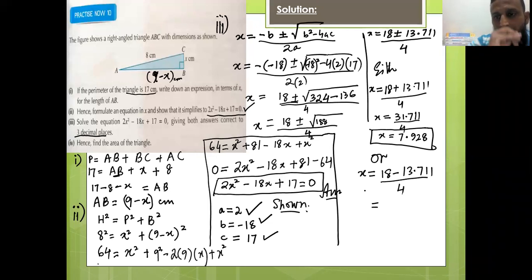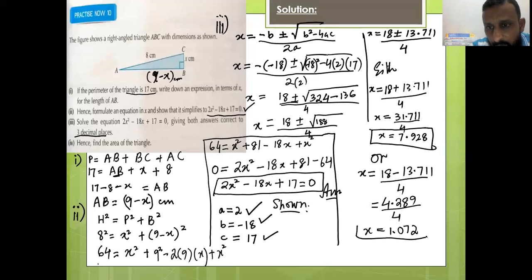Okay, so when we subtract 18 minus 13.711, the result is found to be 4.289. 4.289 divided by 4. So we can divide this by 4 times table. Our answer is found to be 1.072.